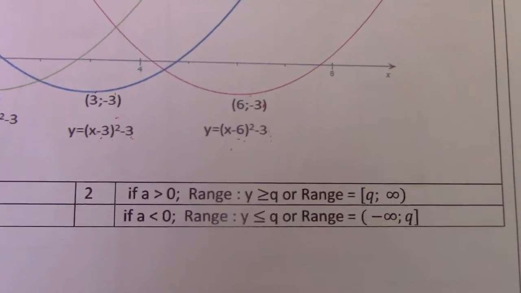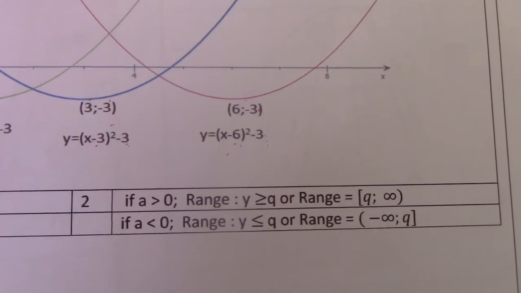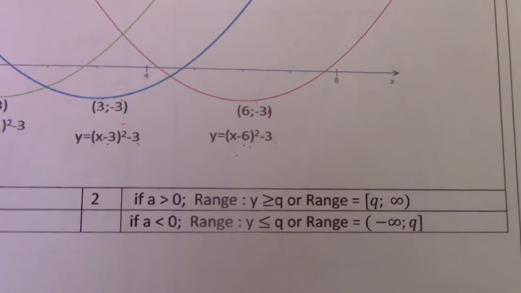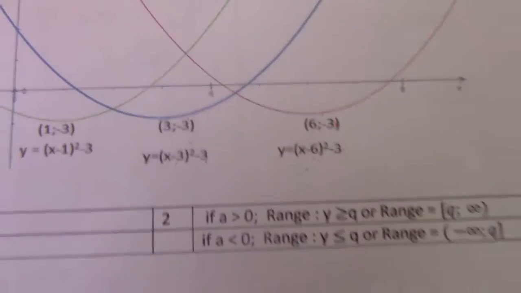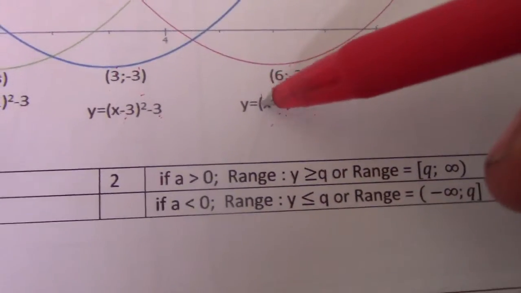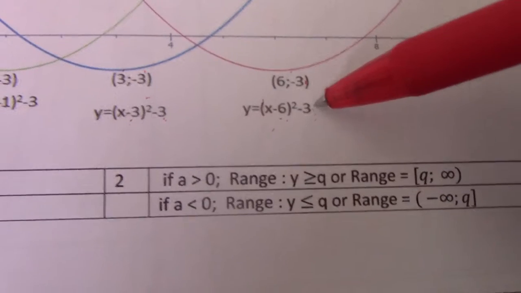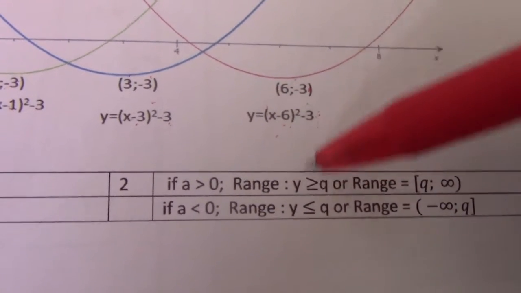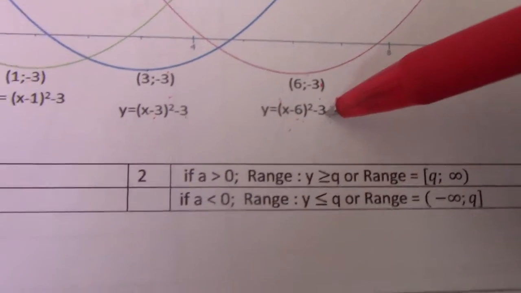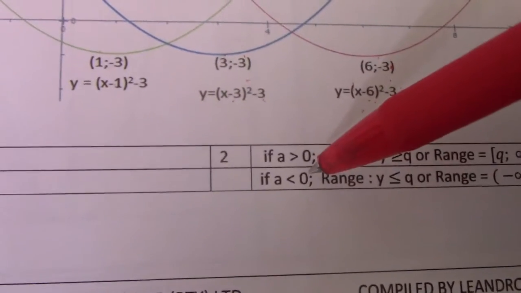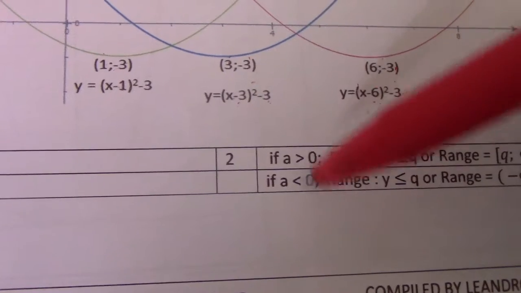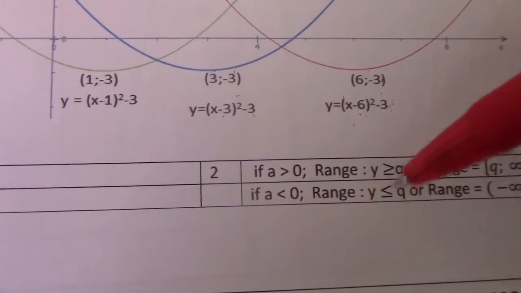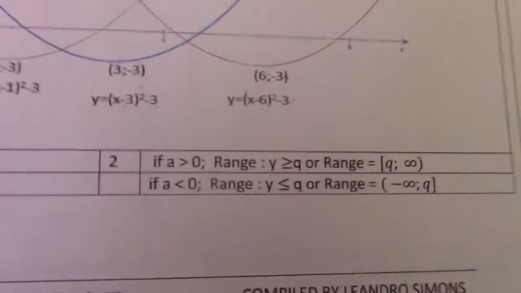If I have a positive graph, if a is bigger than 0, the range is y bigger or equal to the q value. If the a value in front is positive, then y is greater or equal to q. So here y would be greater or equal to minus 3. If a is less than 0, meaning my gradient is negative, then y is less or equal to q.